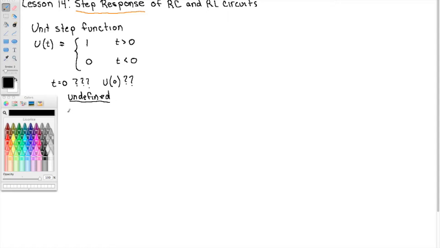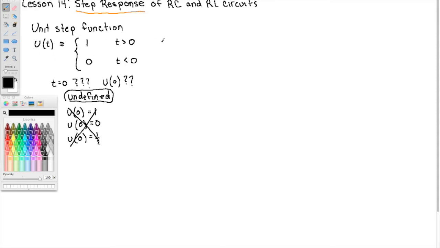Some references will say the unit step at 0 is 1. Some references will say the unit step at 0 is 0. And some references even say the unit step at 0 is 1/2. Okay, we're going to stick with your book, and we're just going to leave that undefined. In fact, it really doesn't matter what the unit step function is at that exact particular moment in time. This matters up here. Positive time, negative time.